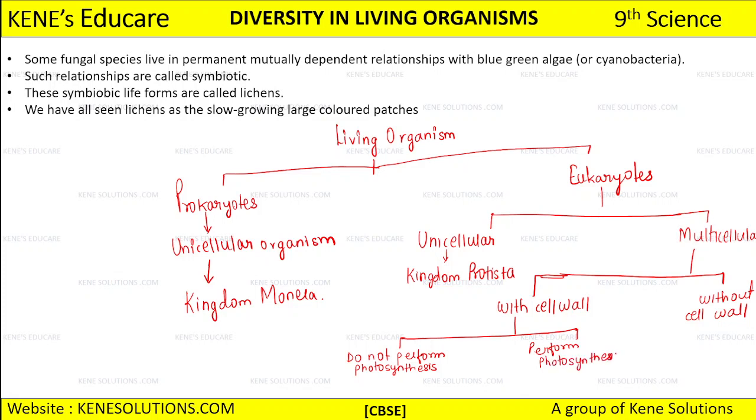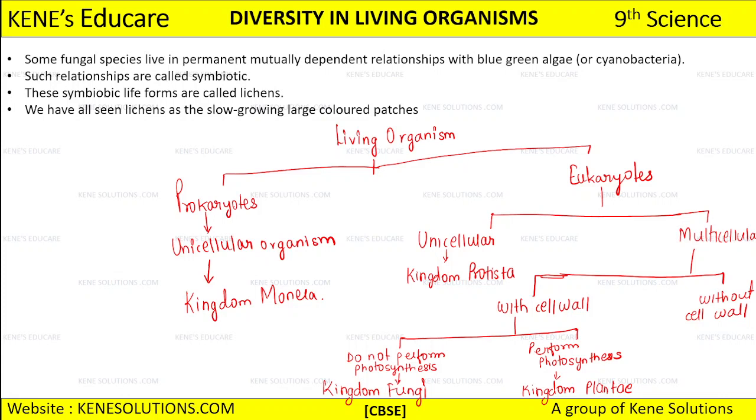So who performs photosynthesis? It is kingdom Plantae. And who doesn't perform photosynthesis but has a cell wall? It is kingdom Fungi. We have discussed kingdom Fungi, right?